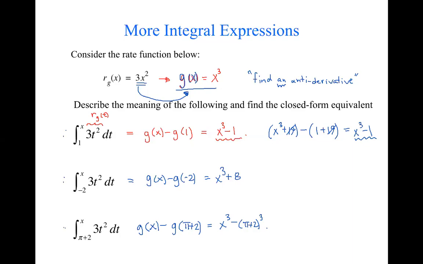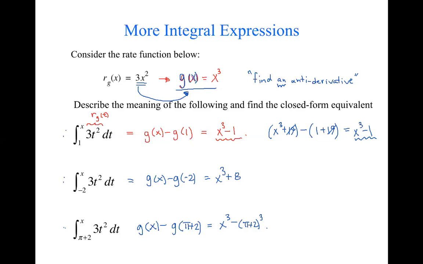I don't need to know individual values of g of x separately for my final answer, only the change between two different values of g. So two different values of anything that has the same derivative are going to have the same difference between them, because net change and rate of change at a point are directly related. All right.